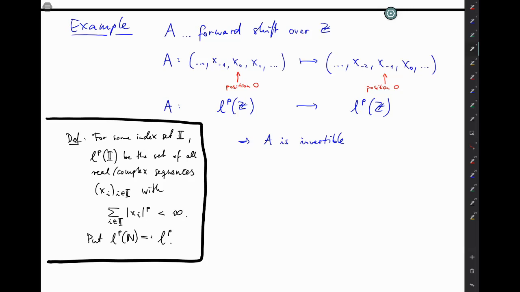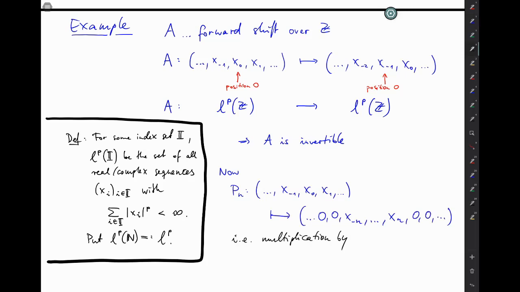Let's say they take your vector, and what they do is to delete all the data that is outside the interval from -n to n. And again, delete means replace by 0. Or we could just say it multiplies the original sequence by the vector that has 1s between position -n and n, and 0s everywhere else.